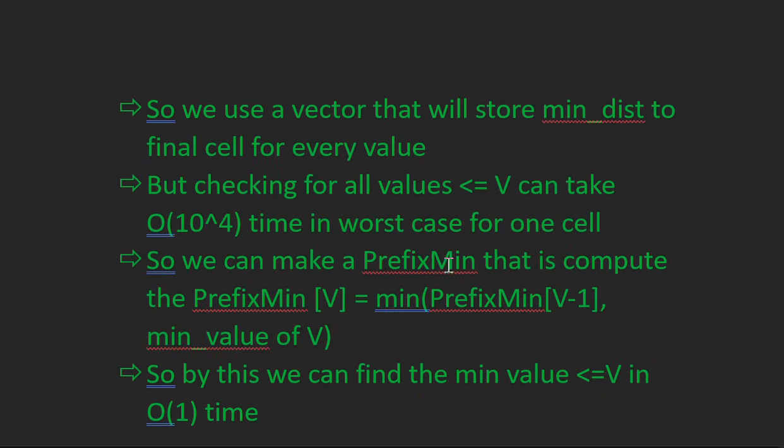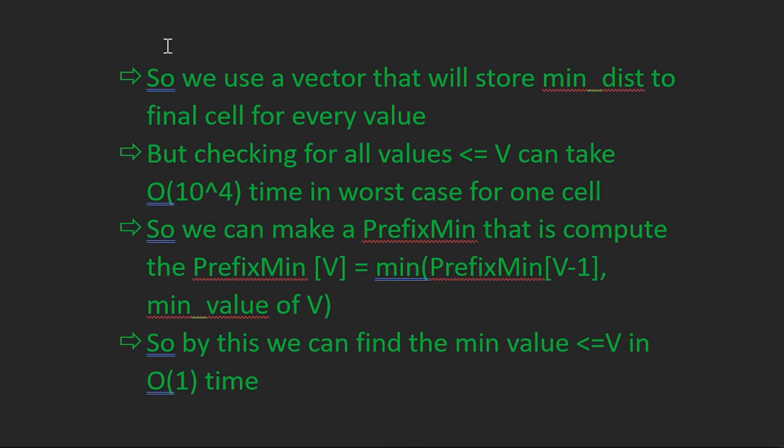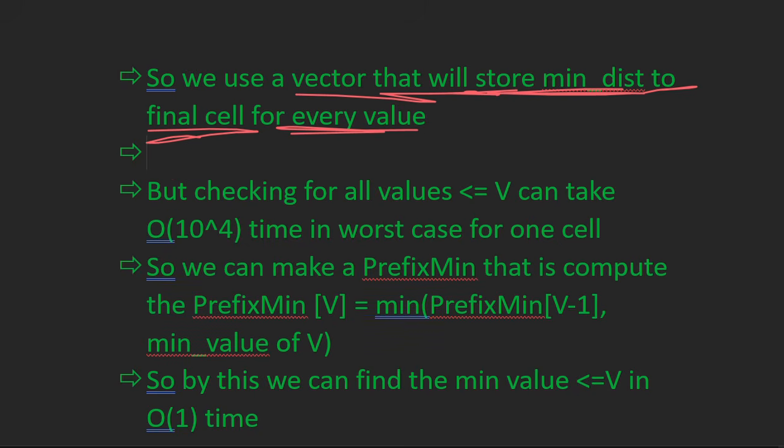So what we can do is use a vector to store the minimum cost to move to the final cell for every value. Let's say we name this vector xyz.